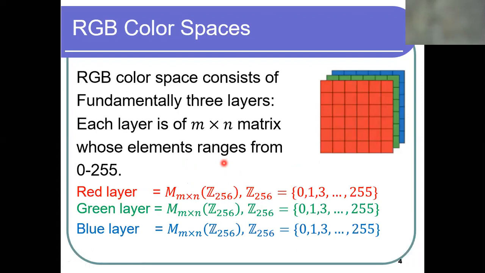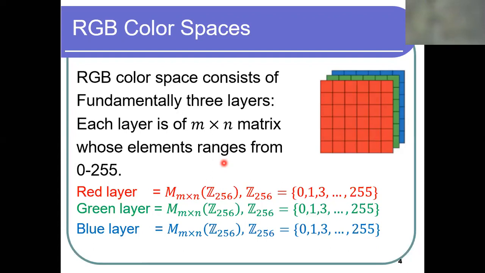The television consists of the YIQ color space, and other devices like the printer, scanner, and printing media like your newspaper and signboard depend upon other types of color spaces. There are several color spaces, but I just focus on RGB in order to understand the idea of linear transformation.